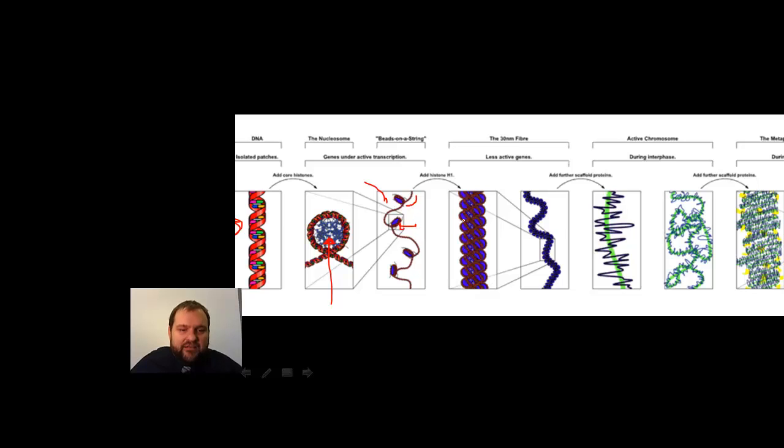Then these whole histones become wound up together. Each of these little purple dots is a histone, and here's the DNA that's wound up. You can see they're all bunched up together, and they form this cord. This cord starts to become wound and bunched up, and it forms another cord here.